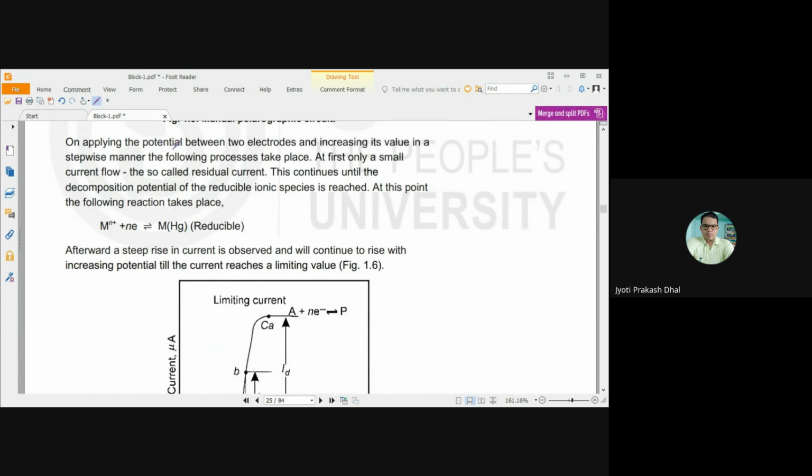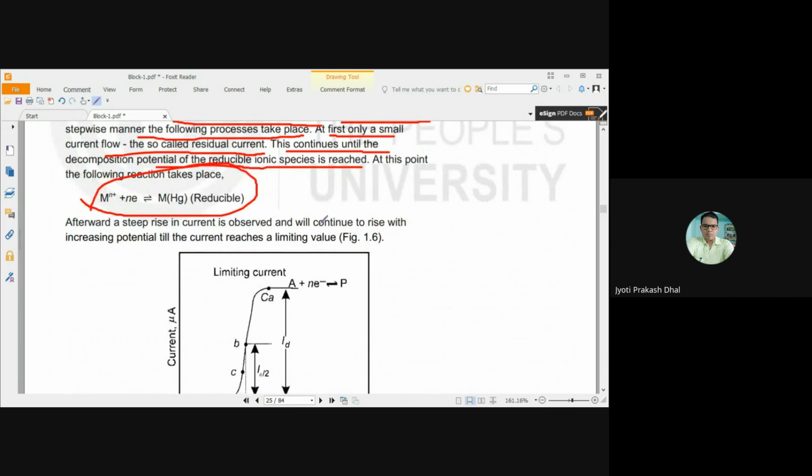On applying potential between the two electrodes and increasing its value in a stepwise manner, the following processes take place. First, only a small current flows, which is called the residual current. This continues until the decomposition potential of the reducible ionic species is reached. At that point, the following reaction takes place: M^n+ consumes n electrons to form the metal, where the metal is the reducible metal.